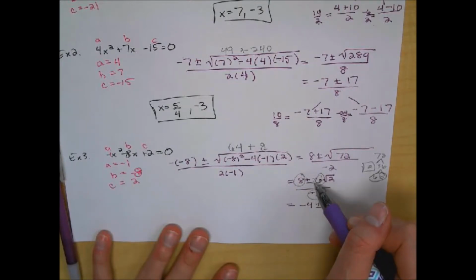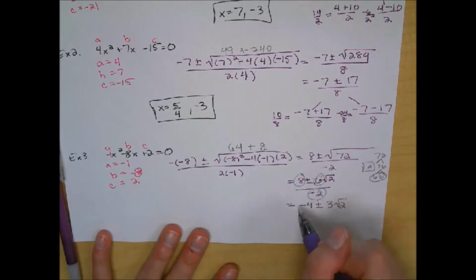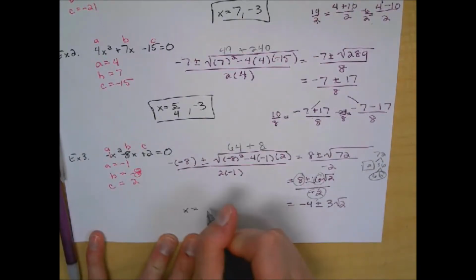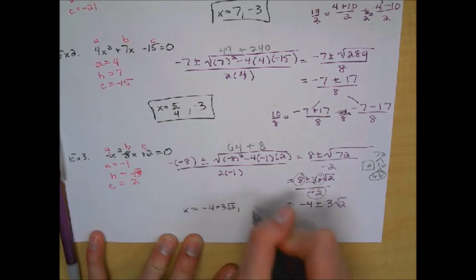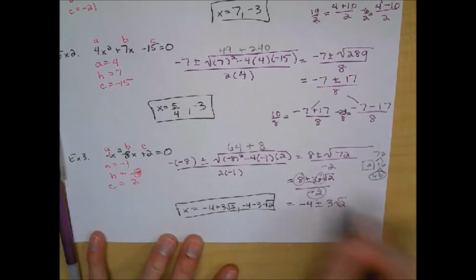But that's the same thing as plus or minus. So I just kept it as plus or minus 3√2. This means x equals negative 4 plus 3√2 and negative 4 minus 3√2. You can also keep it together like that.